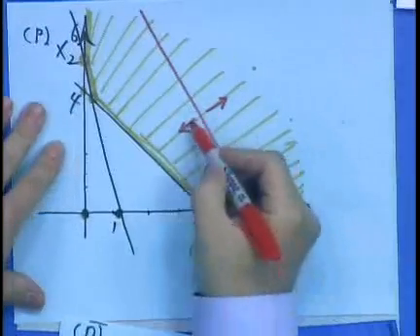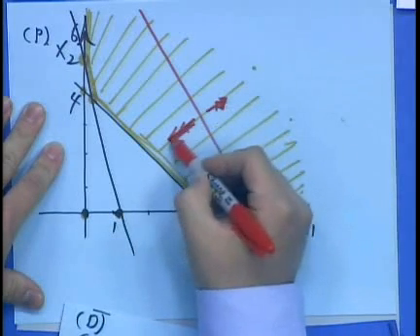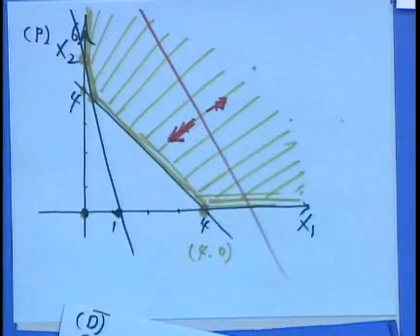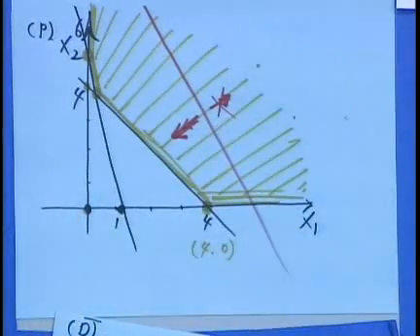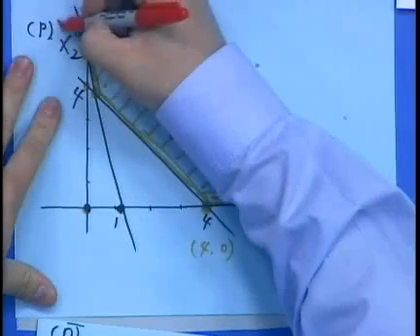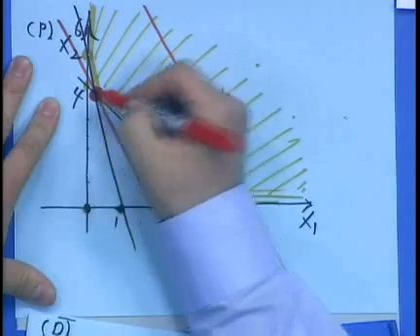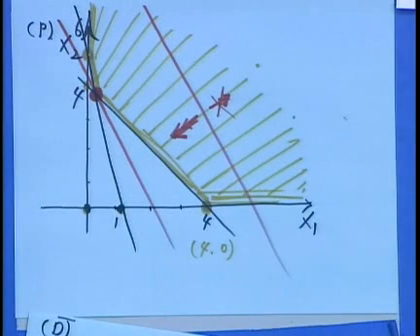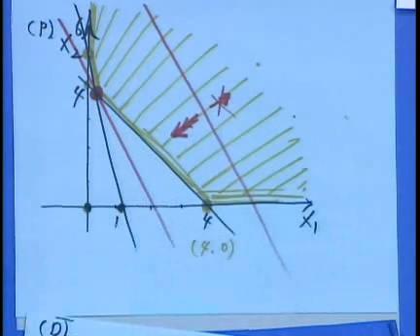Which means we need to move the isovalue line this direction, right? To obtain the optimal solution. And we know that this point is the optimal point, okay? Where the isovalue line intersects the feasible region, okay?